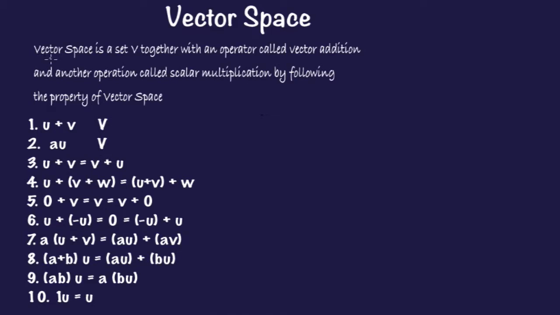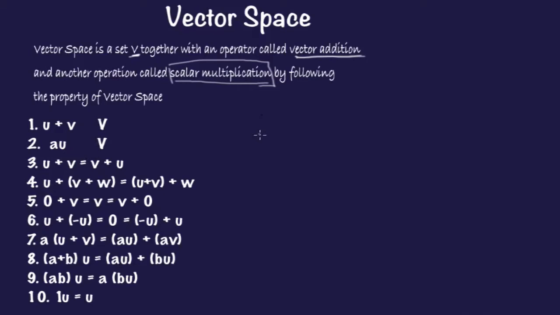The definition of vector space is the set V together with an operator called vector addition and another operation called scalar multiplication. So we have two basic operations here: vector addition and scalar multiplication, following the axioms of the vector space.